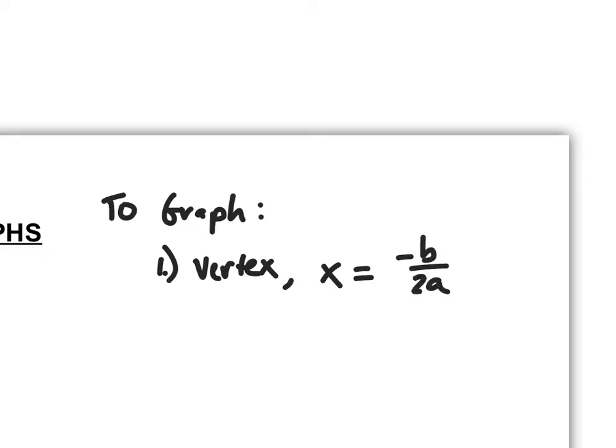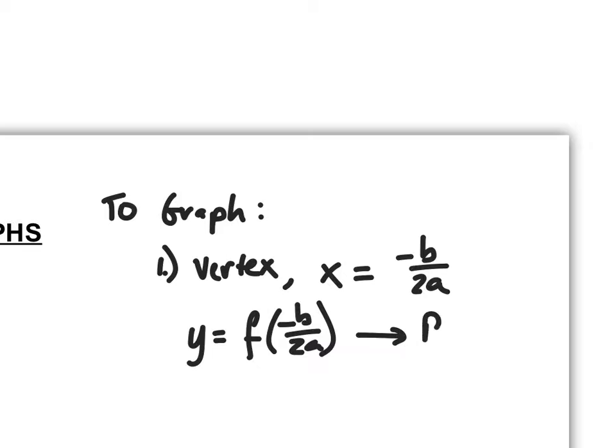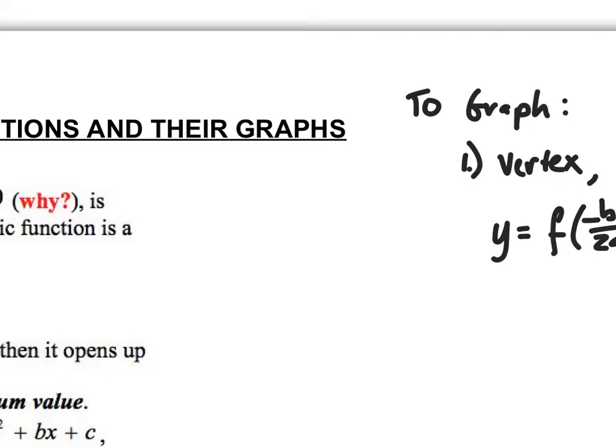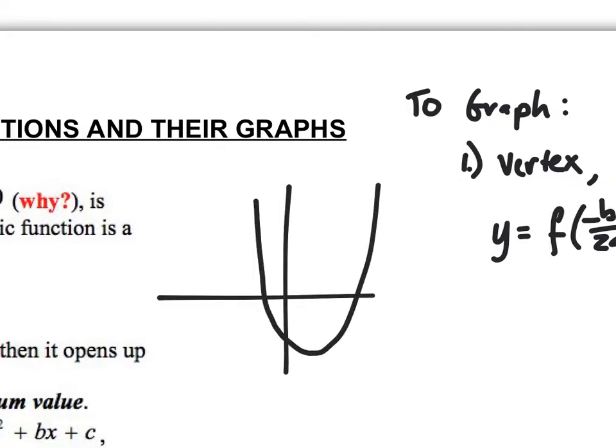And then for the y value, I would plug opposite b over 2a into the function to get my y value. So the vertex is a point. Let's just draw a generic parabola here, something like that, and I want to denote that this point down here is my vertex.